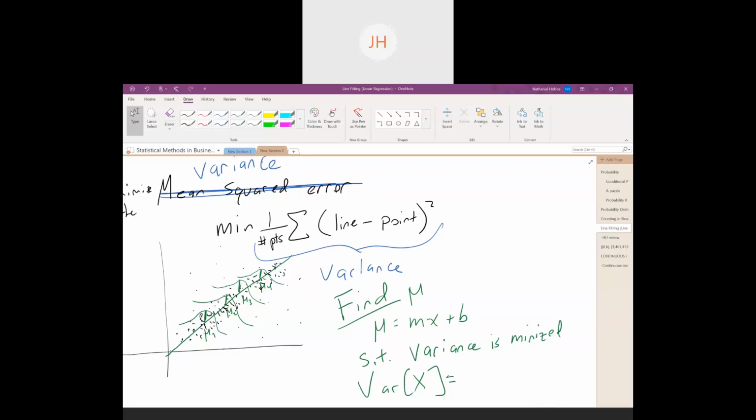Is it not the sum of all the differences between a line and a point, and then the absolute value of that over the line squared? No.